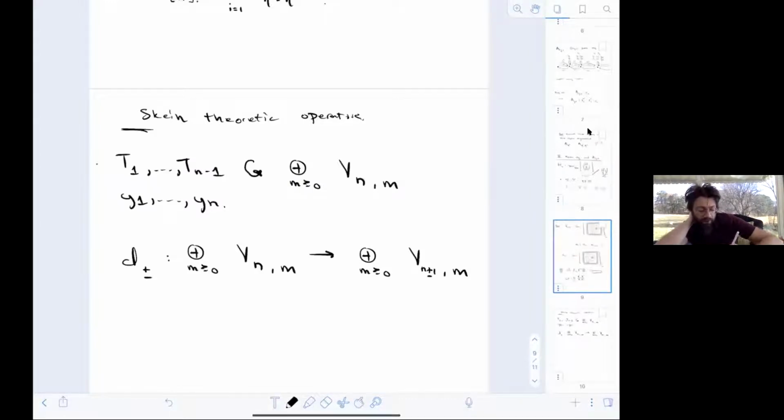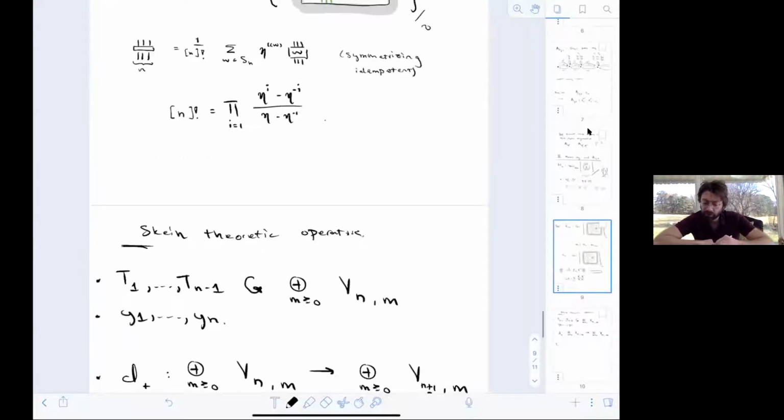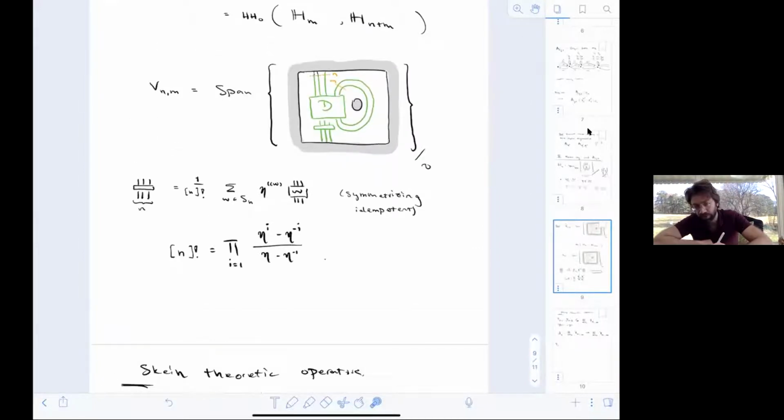Okay, so what I'd like to do is just give you pictures for these things. We'll state some relations, and then I will move on to trying to understand their categorification in the world of circle bimodules. Okay, so the operators Ti: if you remember, our vector space V N M is the span of braid diagrams modulo a bunch of relations, and we can fiddle with stuff on the top left.